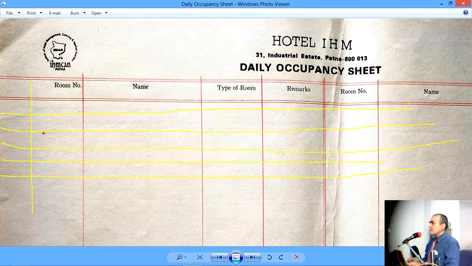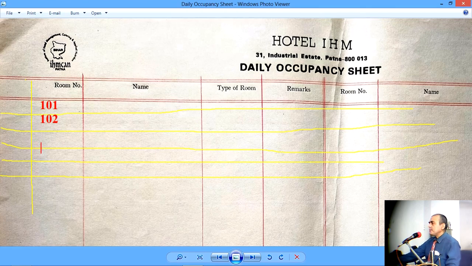So let us say the first room here is 101. Second room is 102.